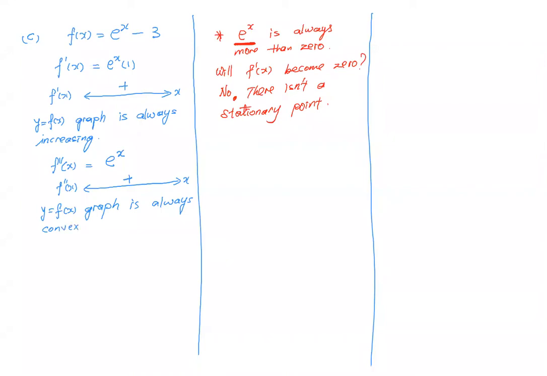So in conclusion, from the two of these, can you tell me what the shape of the f(x) graph looks like? You see, when you talk about convex, you have two parts.